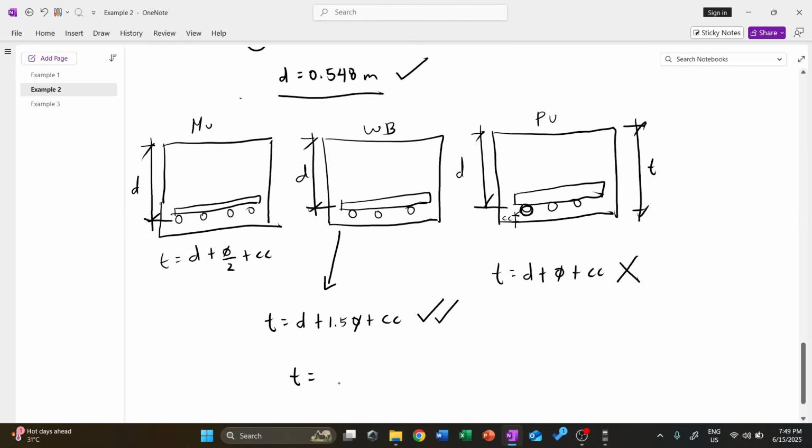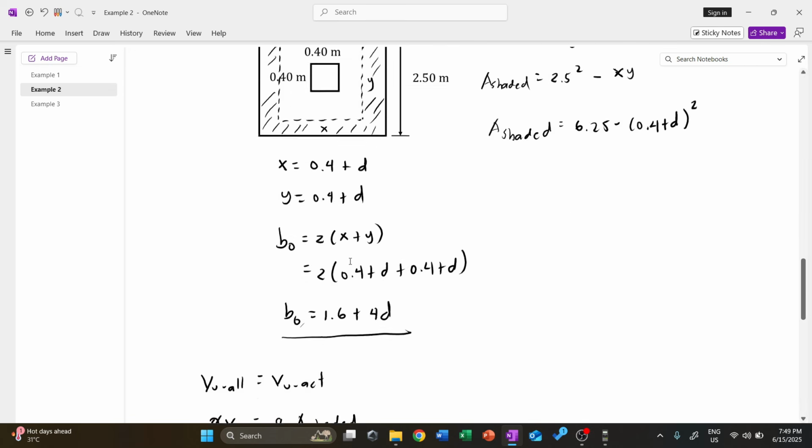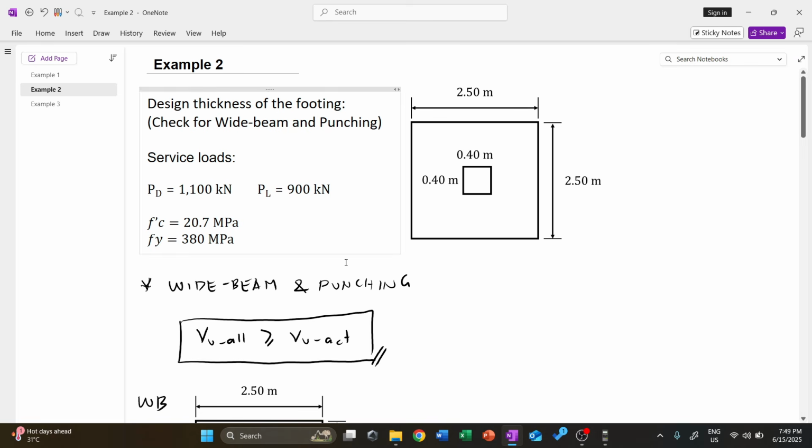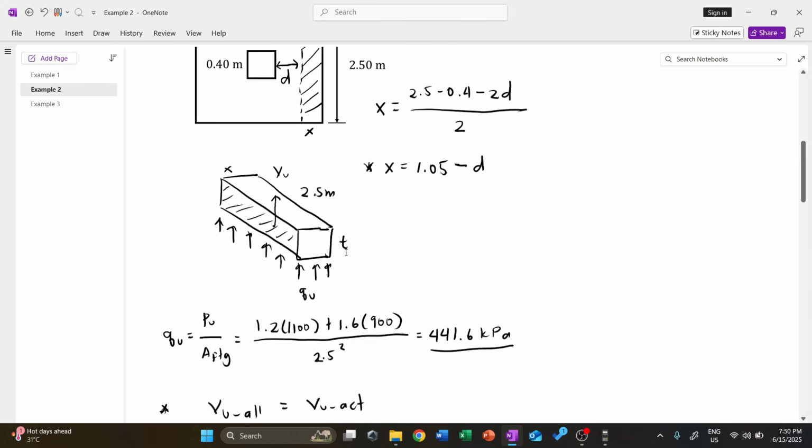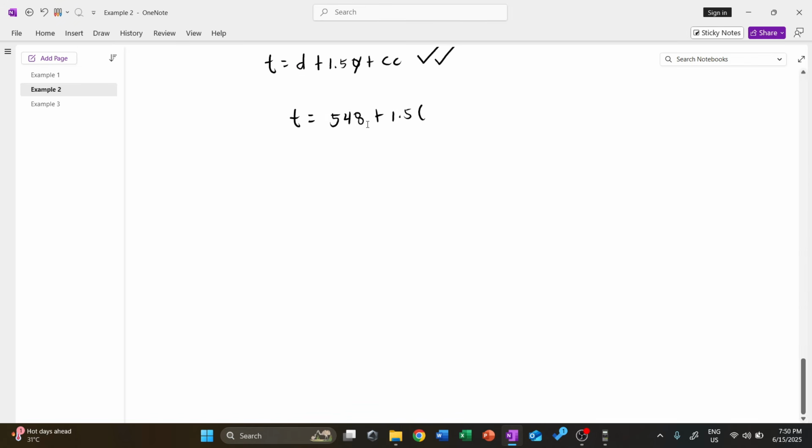Yung thickness natin ngayon ay, okay, so in mm na lang siguro, 548 mm for the effective depth plus 1.5 diameter of the rebar. Okay, so walang binigay na diameter of the rebar. We assume, for example, gawa na lang tayo dito, diameter of the rebar to be equal to 25 mm. Okay, for our example lang naman, no? So assume natin 25 mm yung binigay na rebar.